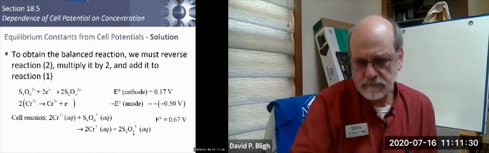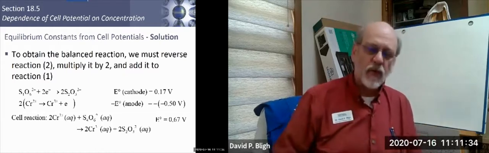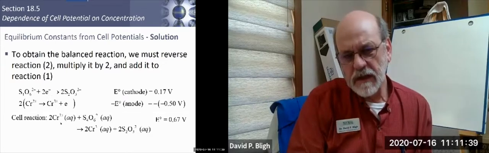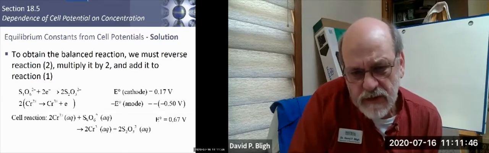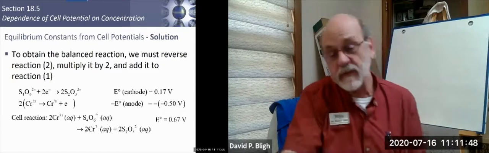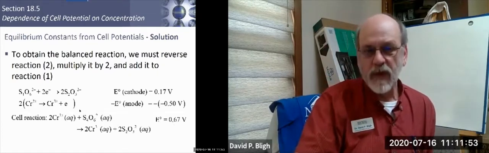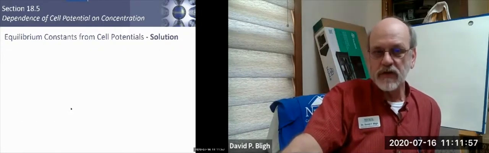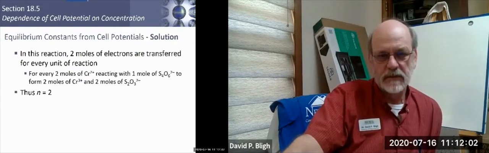In fact, that brings up a point. 2 sulfurs, 6 oxygens, that's good. Okay, so that reaction's balanced. We have a standard potential, and we have a number of electrons, 2 moles. So now we can use the Nernst equation if we want to change the concentrations. N equals 2.